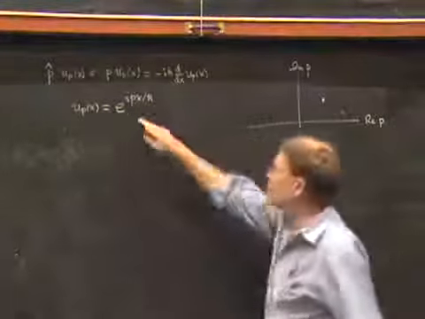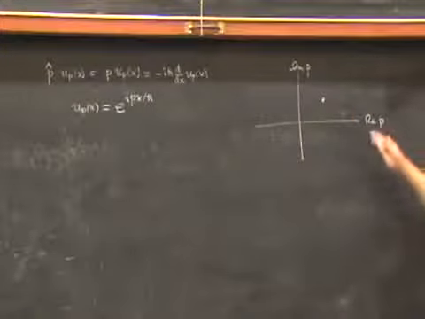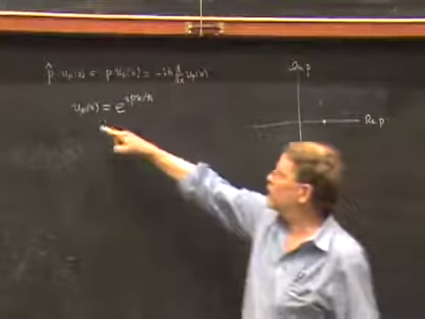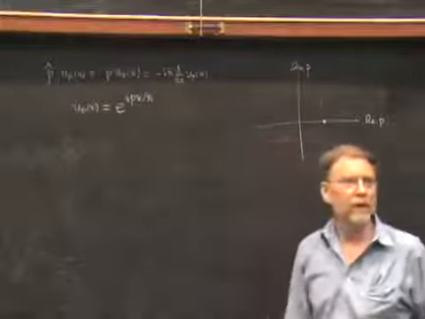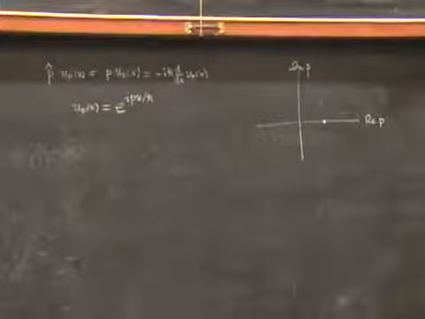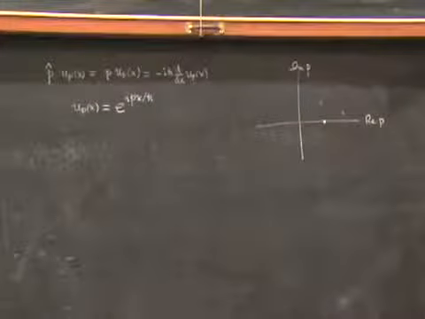Well, in any case, if P has a non-zero imaginary part, it's certainly not normalizable. What happens if P is real, sitting on the real axis? Well, then this becomes the familiar sine and cosine, cosine x plus i sine x. And so it's just a wave, which, however, does not die out as x goes to plus or minus infinity.